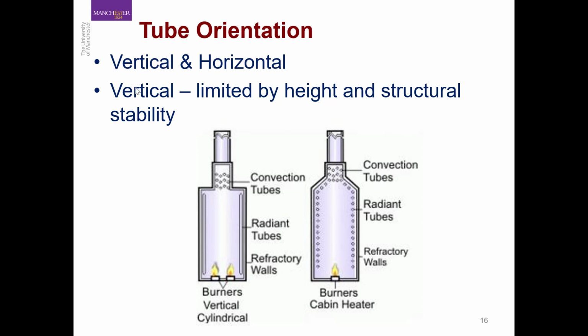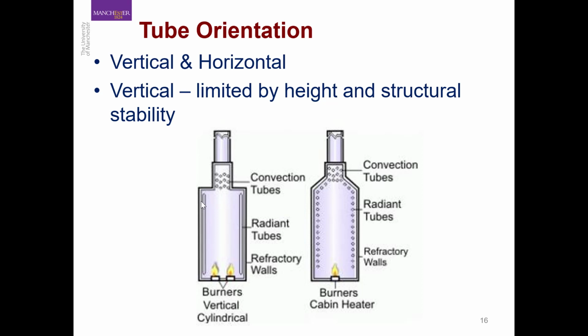Okay. And then we have the second important factor, that is the tube orientation. And as the name suggests, we have either horizontal tubes or vertical tubes present in a furnace. In the radiant section, in the image on the left you can see vertical rows, while in the image on the right you have horizontal tubes in the radiant section. For the case of vertical tube orientation, we have a limitation in terms of the height and the structure stability.